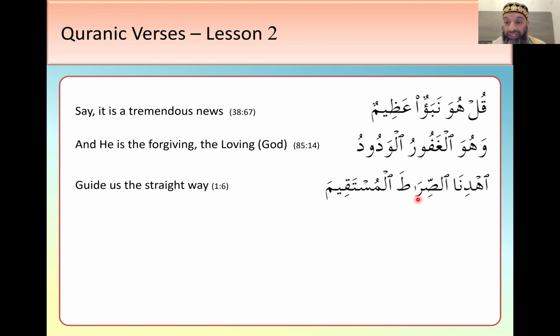As-sirata. This is the noun here. As-sirata. Okay. A way. Sorry, the way. Look, you see the here. The way. Why is it the? Because alif lam means the. So guide us, the path. The way. As-sirata. What type of way? Descriptions come in now. Al-mustaqima. The one that is straight. The one that is qaim.